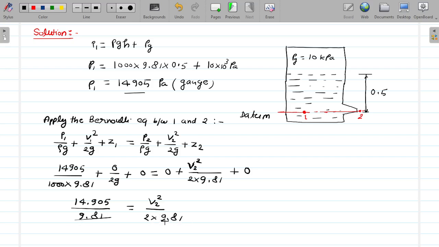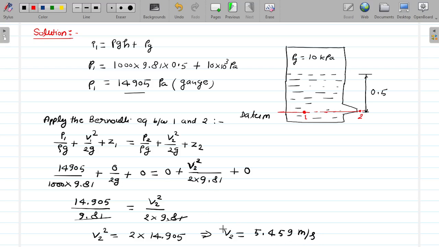Here the 9.81 and 9.81 cancel out, so V2 square is equal to 2 multiplied by 14.905, so V2 is equal to 5.459 meter per second.